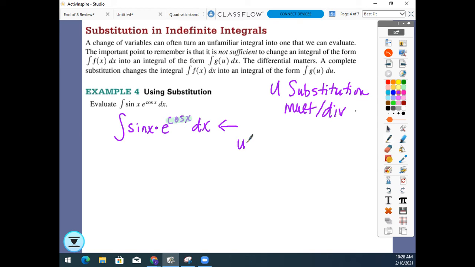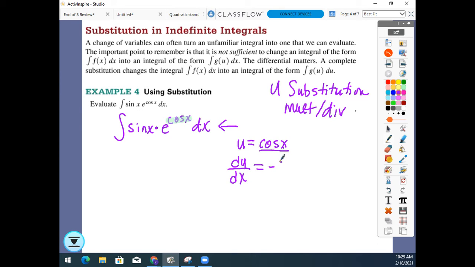So I'm going to choose u to equal cosine of x. Then what we do is take the derivative of u with respect to x. This will be the only time that I write du/dx here, and you'll see why in just a minute. One of the hardest things about u substitution is that you will do derivatives and antiderivatives all in the same problem.